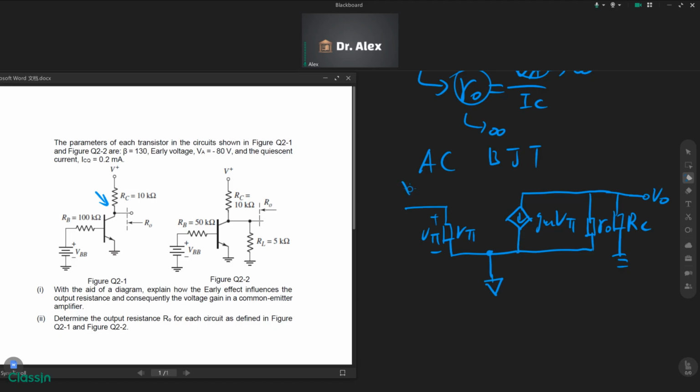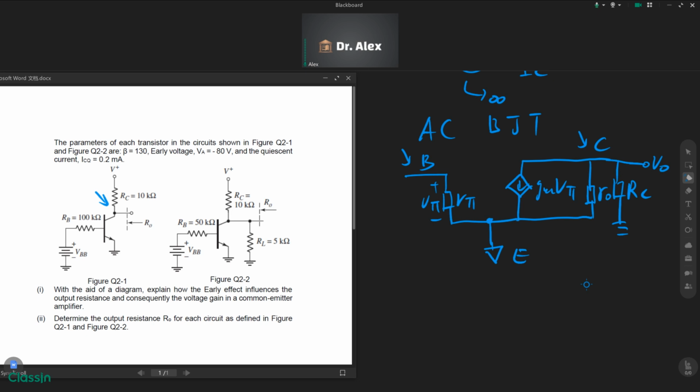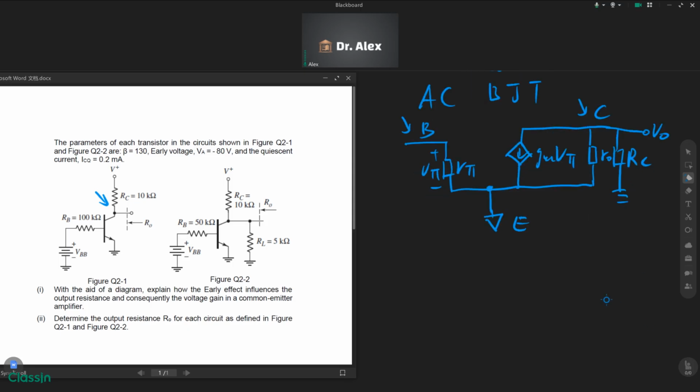At this side is the base, this side is the emitter, and here is the collector. If the bipolar transistor is ideal, RO should be removed because RO is infinite. However, for this question, we should have an RO because VA is not infinite. Okay, let's move forward.